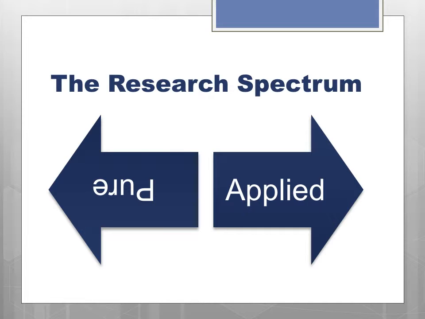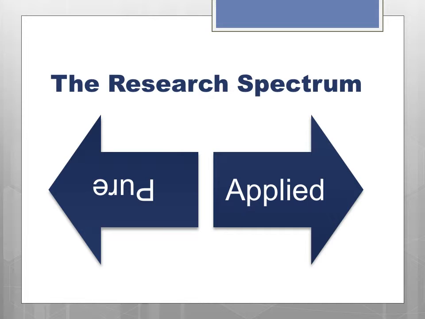This is taking the information that you get from the bench research and applying it, whether it be applying it to animals, to human beings, to exercise and performance, or to chronic disease. It is integrating information from one side of the spectrum into the other. So these two ends of the spectrum are distinct for sure, but they're also related, and they work together.